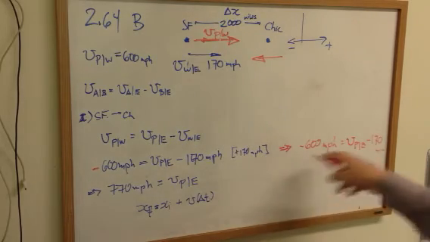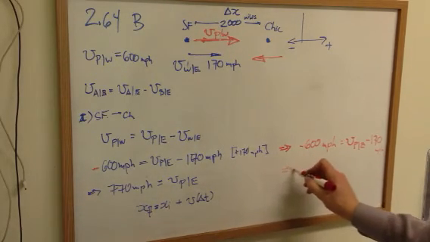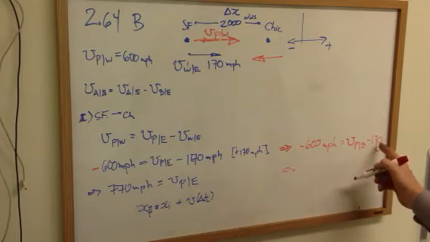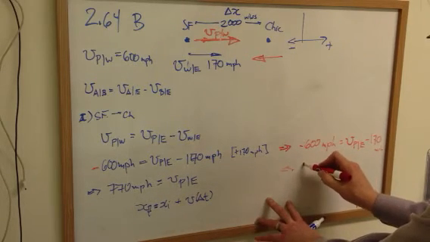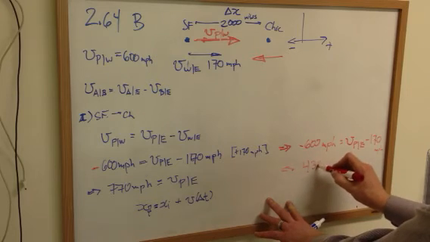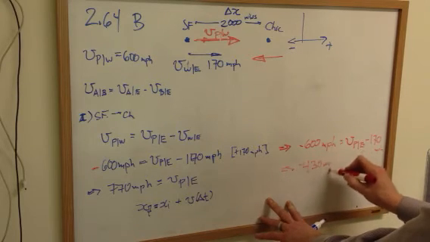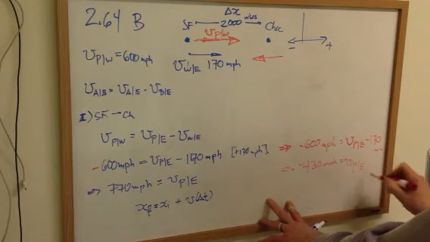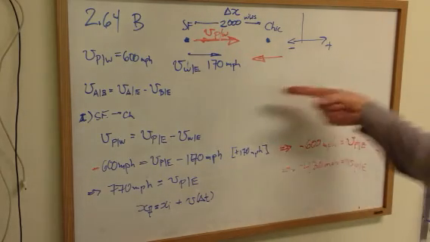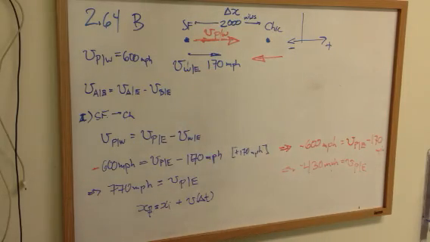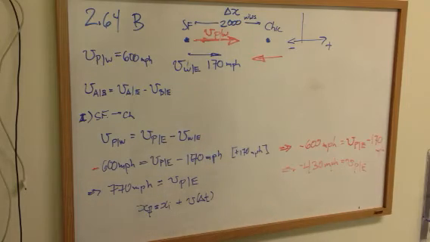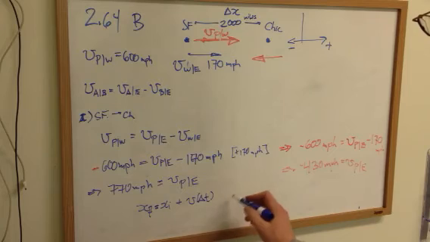I'm now going to add 170 to both sides. So negative 430 miles per hour is equal to the velocity of the plane relative to the Earth. So negative means it's traveling from Chicago to San Francisco, and it's traveling slower, and you can calculate how much time that takes using the same equation.